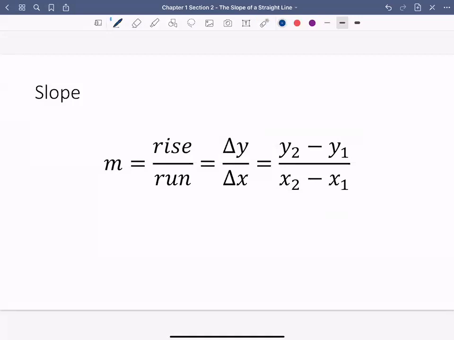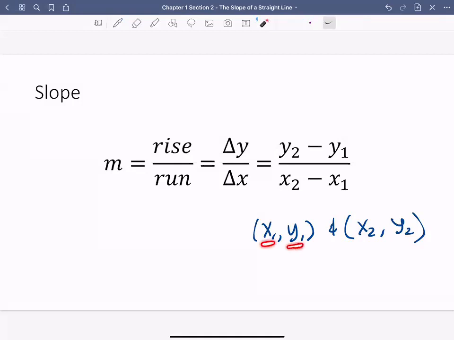Now, where do these values come from? This y2, y1, x2, x1. They come from these points, and they're just arbitrary point values here for our purposes. Notice how the x1 and the y1 come from the same point.